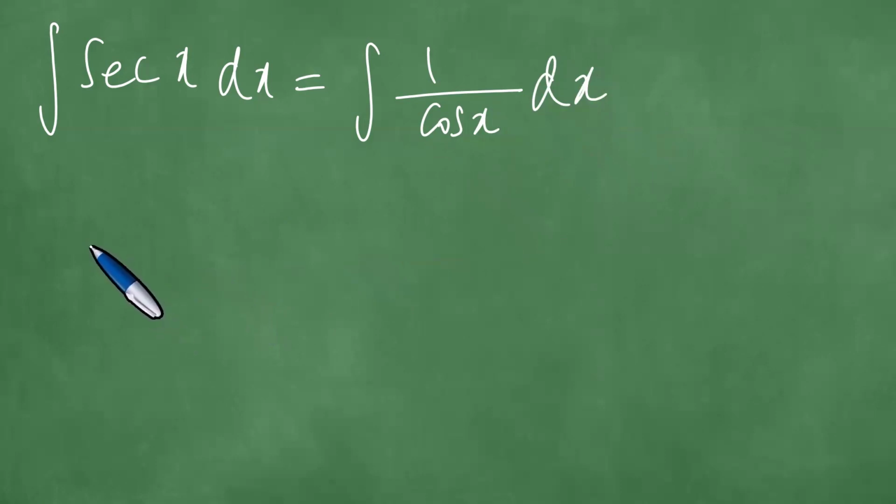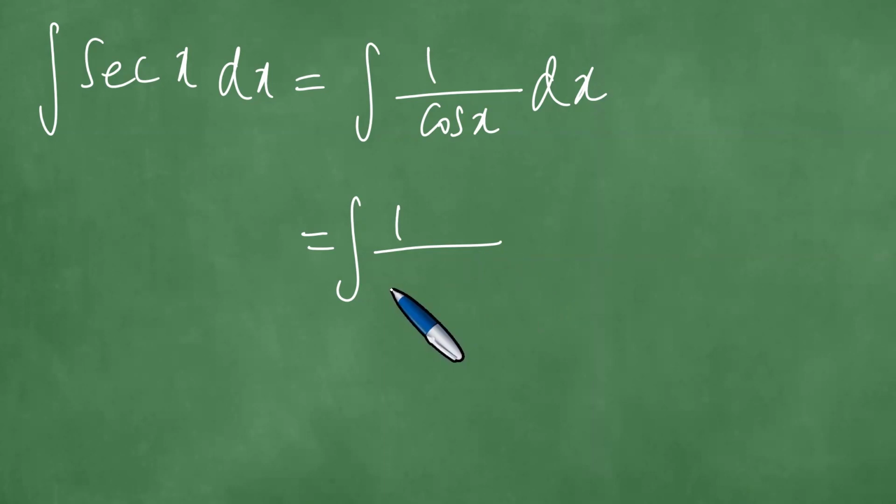This can be written as the integral of 1 over cosine x, and cosine x in terms of t, we've already seen, is 1 minus t squared over 1 plus t squared.